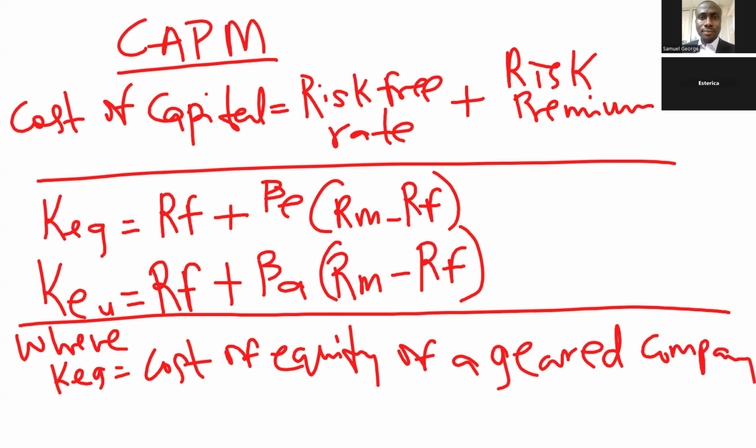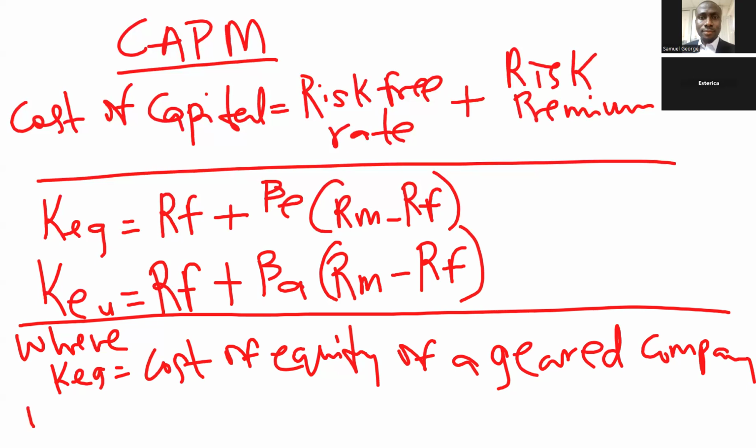That is a company that is geared, their cost of equity. How do we know a company that is geared? A company that is geared is that company that has debt in its capital structure. So it is a geared company.